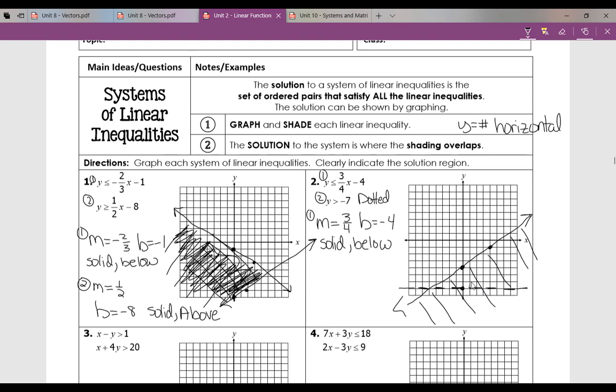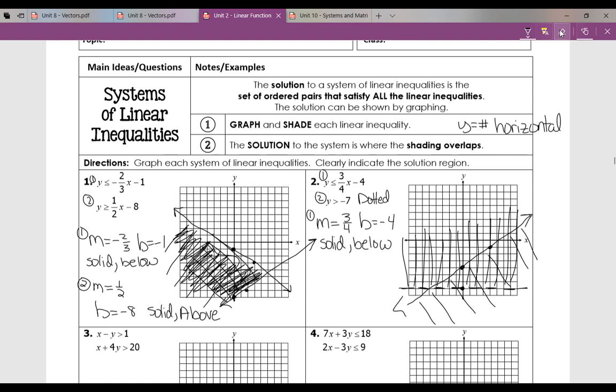And based on the inequality, do I shade above that line or below it? Above. So as I start drawing my lines going above, I can start to see where the shading overlaps. And it's this little corner over here. Do y'all agree? Okay.